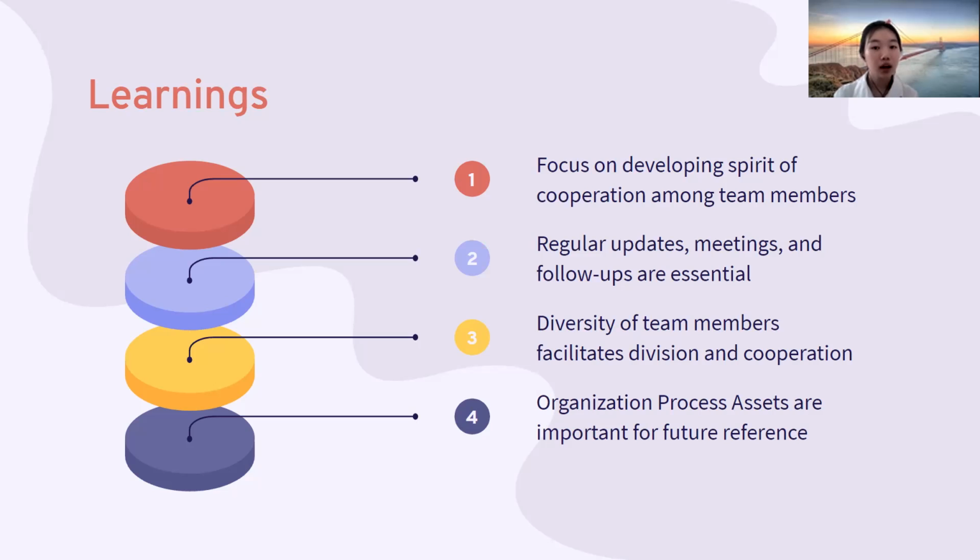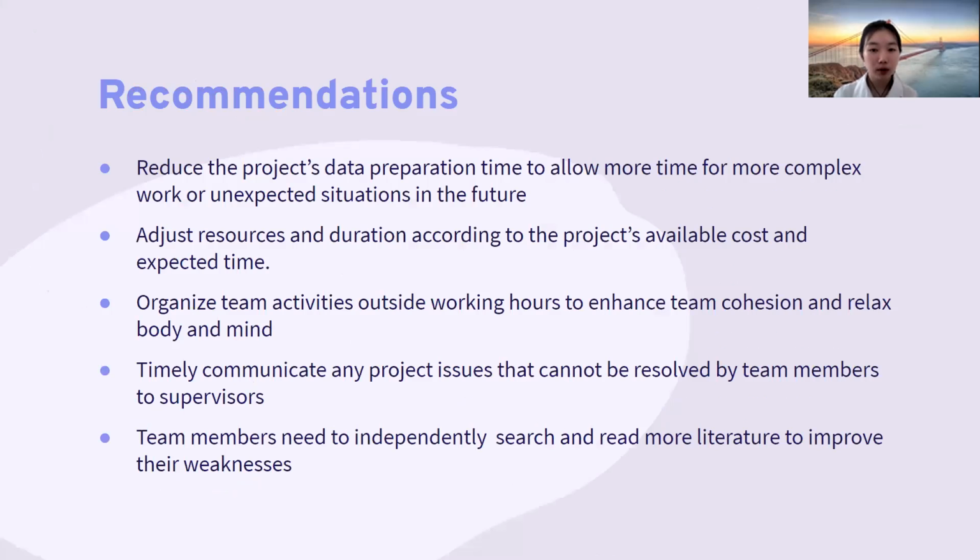For example, a team should have technical and analytical people, which facilitates the division and cooperation. Last but not least, OPA, organization process assets, are important for future reference, which helps company planning and will assist in initiating and completing similar projects in the future.